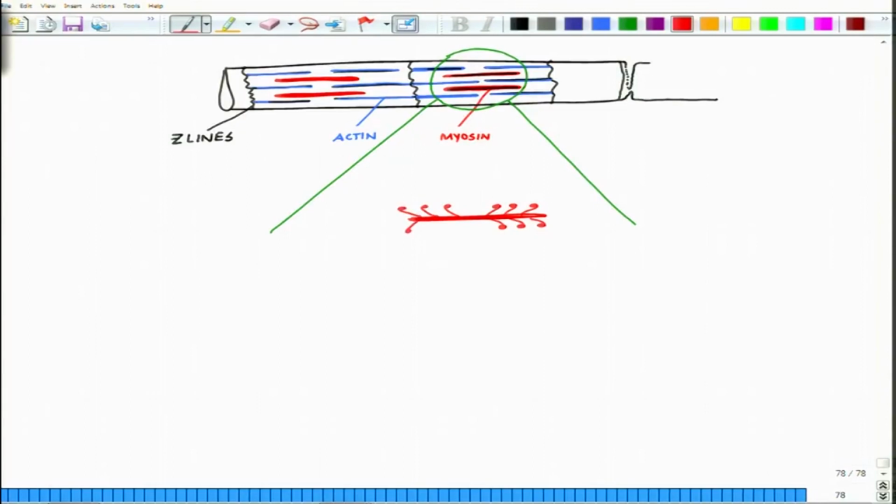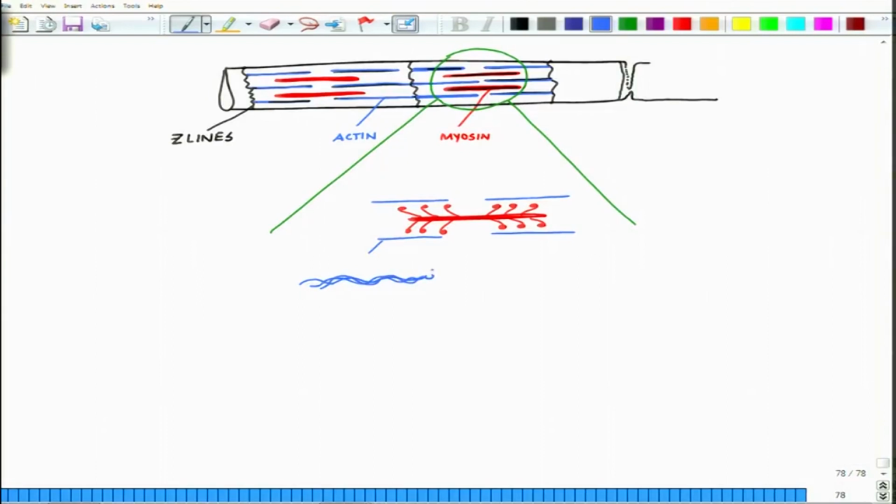And on top of that you have these actin filaments rolling like this. Now, if you look at the actin filaments, these are supramolecular assemblies of multiple proteins.